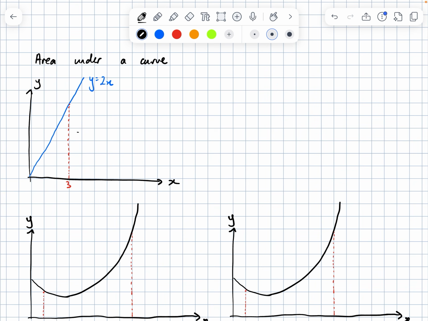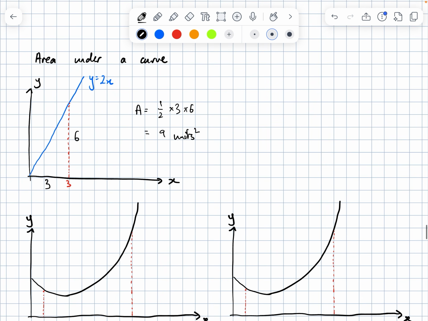The height will be just 2 times 3, so 6. So our area will be half base times height, which is 9 units squared.